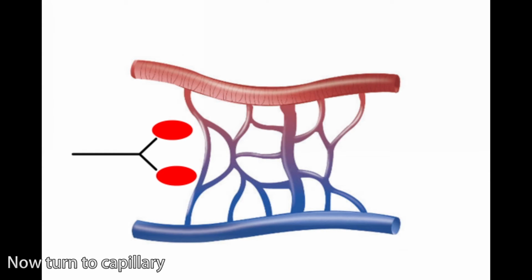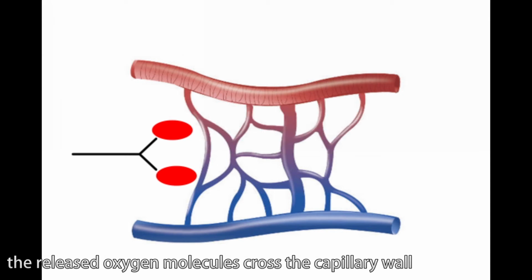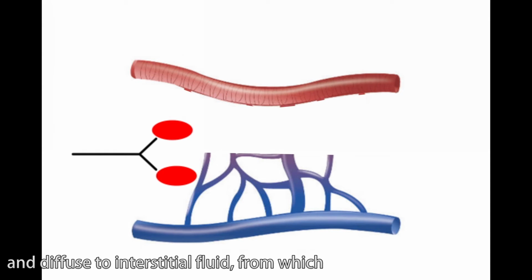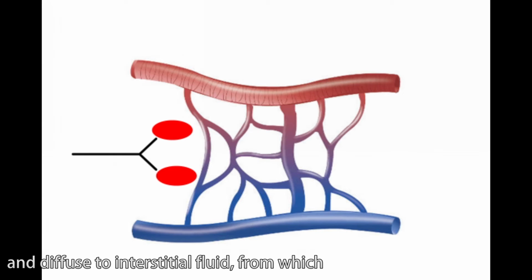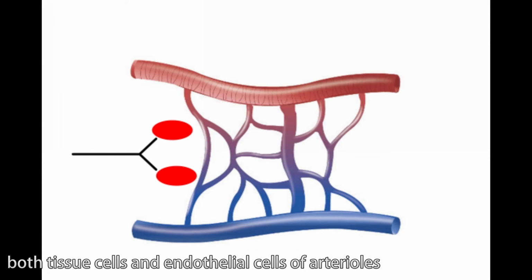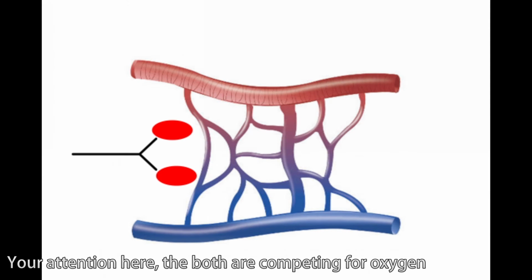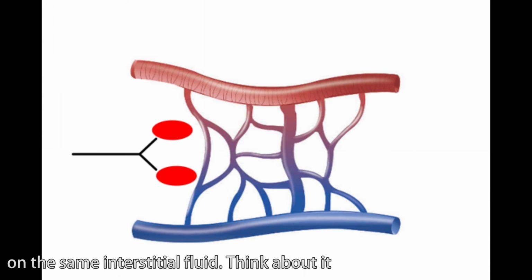Now turn to the capillary. The released oxygen molecules cross the capillary wall and diffuse to the interstitial fluid, from which both tissue cells and the endothelial cells of arterioles acquire the oxygen. Your attention here, the two are competing for oxygen from the same interstitial fluid.